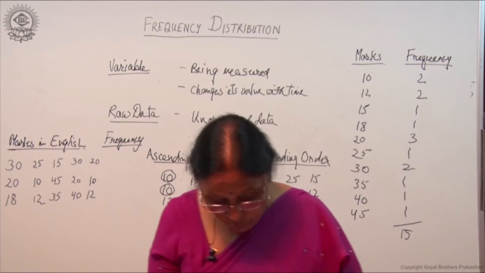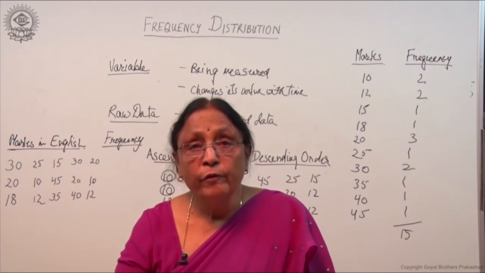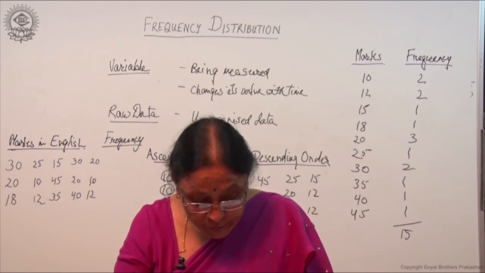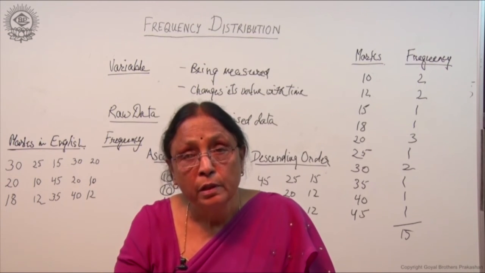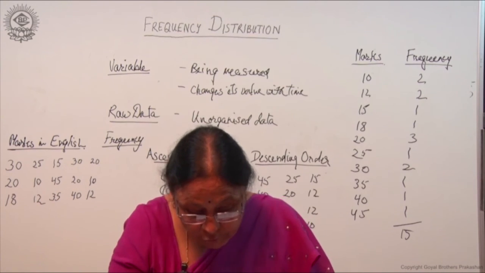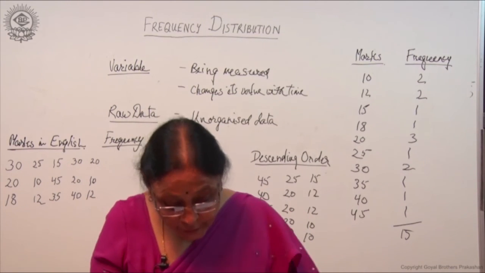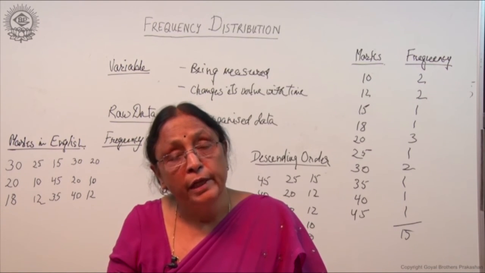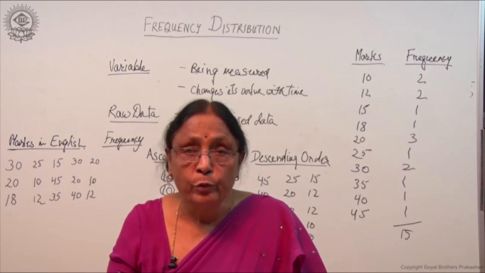Now as I told you, frequency is the number of times an item appears in the series. Number of times means how many times it appears in the series. Same way, there are class frequencies. The number of times an item repeats itself in a particular class interval is known as class frequency.